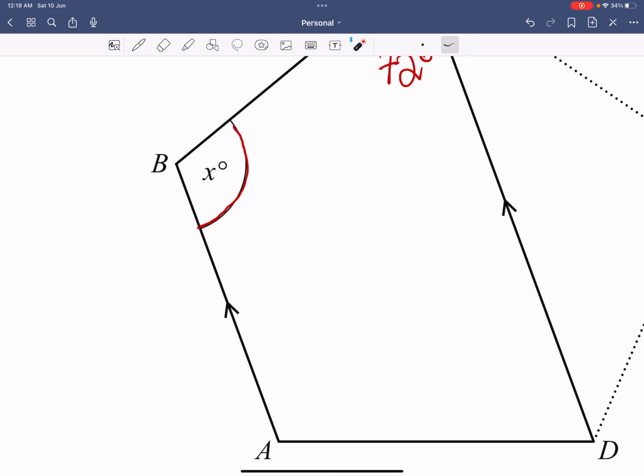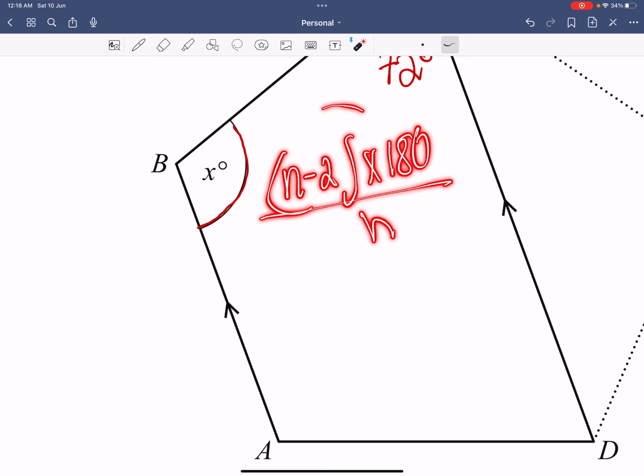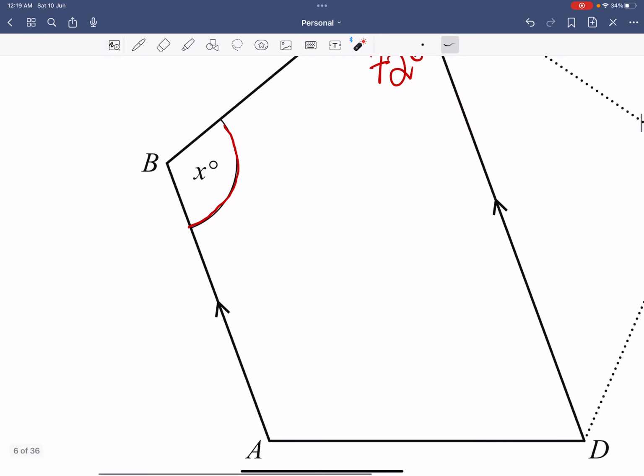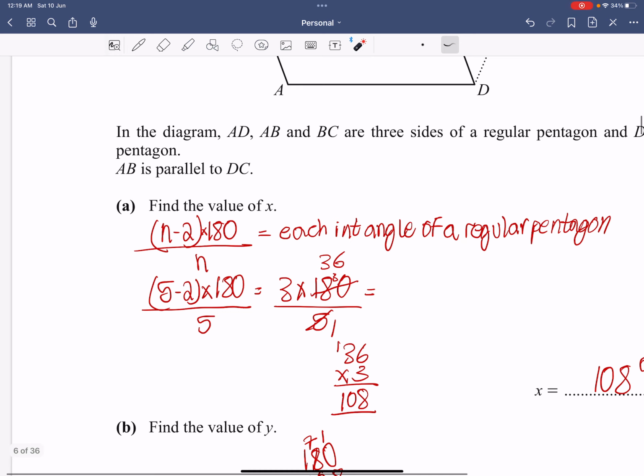And as I said, each interior angle of a regular polygon is equal. Hence, we can apply the formula n minus 2 times 180 upon n. This is the formula for each interior angle of a regular polygon, where n stands for the number of sides. And since a pentagon has 5 sides, we'll substitute 5 instead of n, and 5 minus 2 times 180 upon 5. 5 minus 2 is 3.